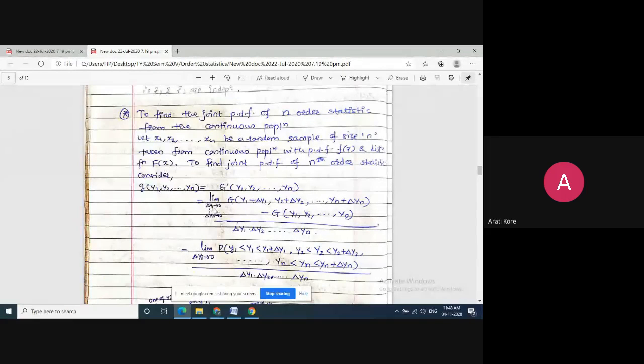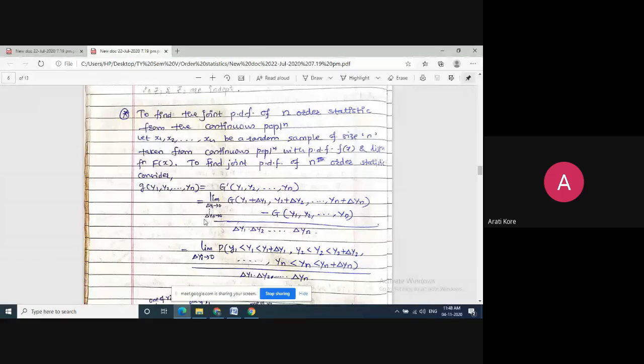So I'm using delta yi, because it is basically a very small interval of length delta yi. So in terms of limit, what I can write is limit all these delta yi tends to 0, g of y1 plus delta y1, y2 plus delta y2, so on, yn plus delta yn, minus g of y1, y2 up to yn, divided by delta y1, delta y2 up to delta yn, right?